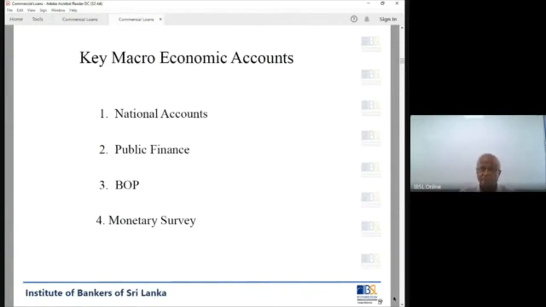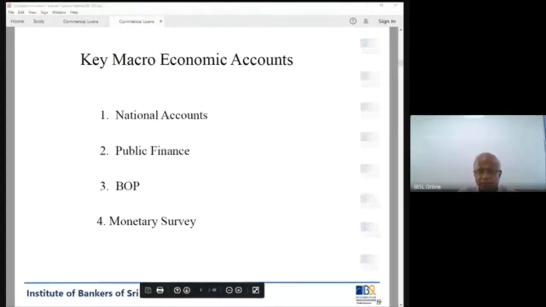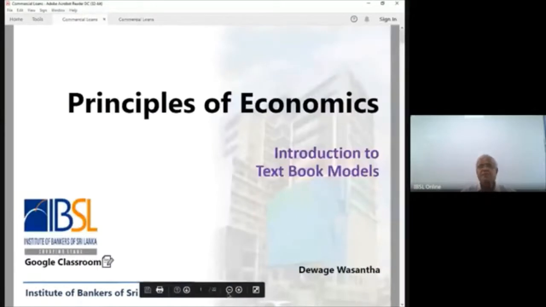Okay. Now today we are going to discuss this one: principles of economics, introduction to textbook models. Because when you study economics, there are 2 main branches: micro, macro. That is one branch.